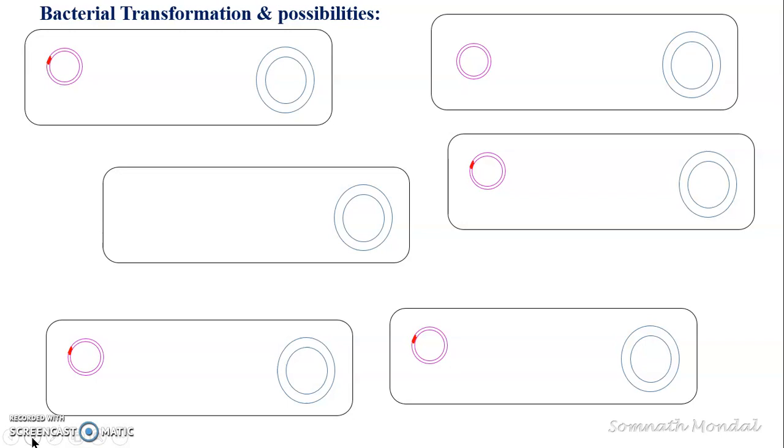Now, after bacterial transformation, there can be a number of possibilities. Some bacteria can have our gene of interest along with the plasmid. Some bacteria can have only the plasmid, no gene of interest, and some bacteria can have no plasmid, no gene of interest at all. Now, how can they be separated and separately selected in bacterial culture medium?